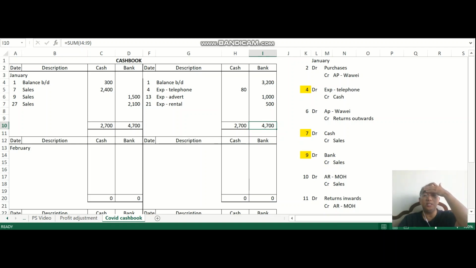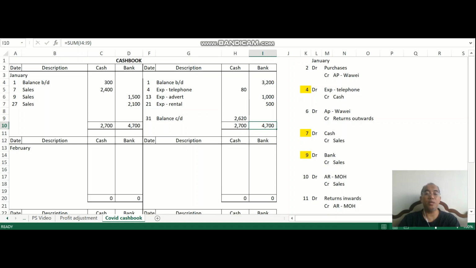Okay, now let's settle the cash first. 2,700. On the 31st, this is balance CD. I take 2,700 minus only 80 over here. So my balance CD is 2,620. What about bank? Of course, I can see this credit side is bigger than the debit side.